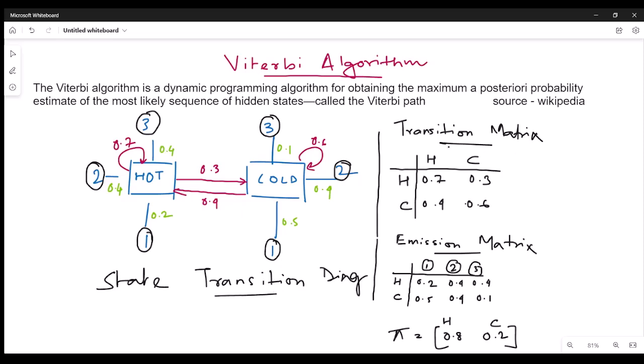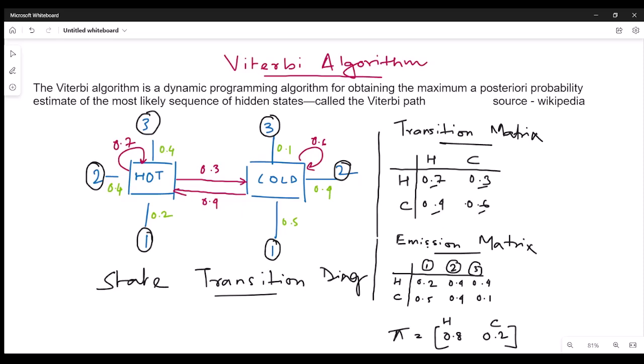From it, we create the transition matrix with H representing hot and C representing cold in the rows, and H representing hot and C representing cold in the columns. Thus, hot to hot is represented by 0.7, hot to cold is represented by 0.3, cold to hot is represented as 0.4, and so on.